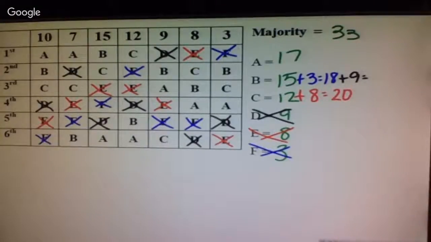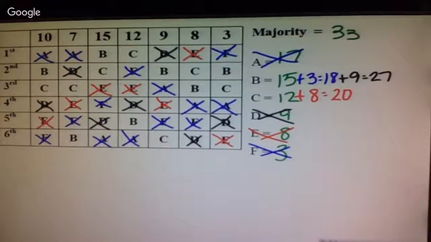Okay, so if we add another 9, we're now at 27. Now we lose A. A's 17 points came from this column and this column, so we've got to separate the points.